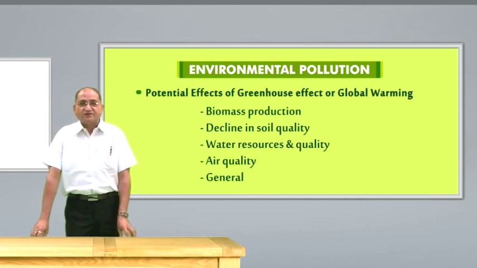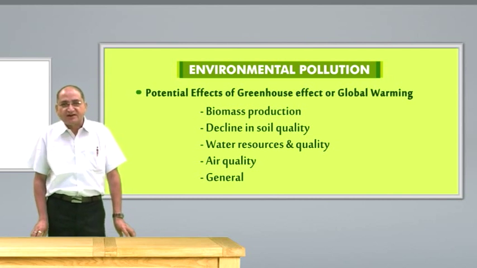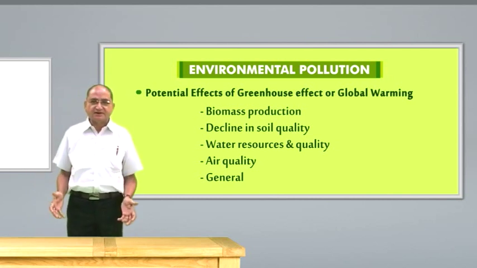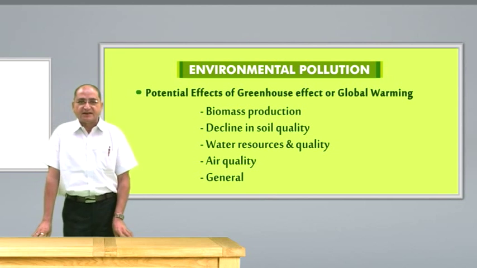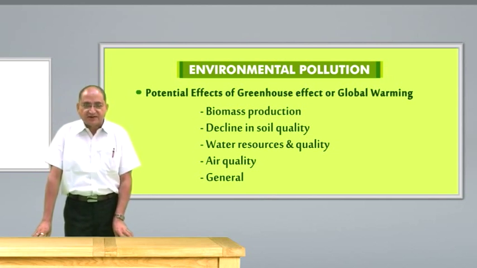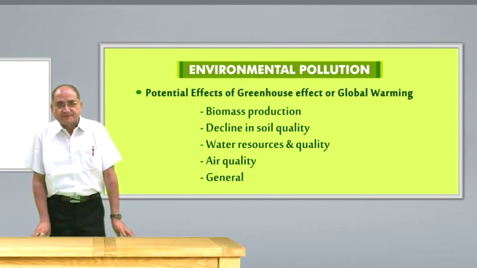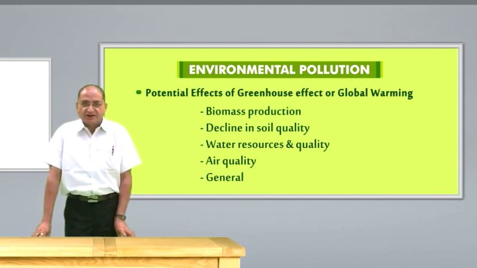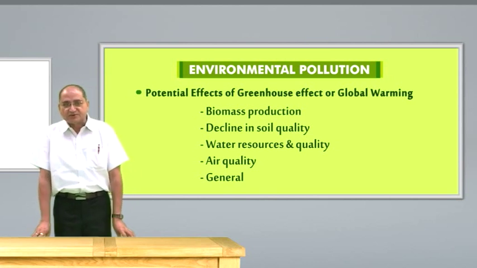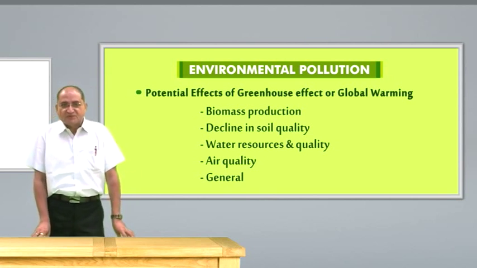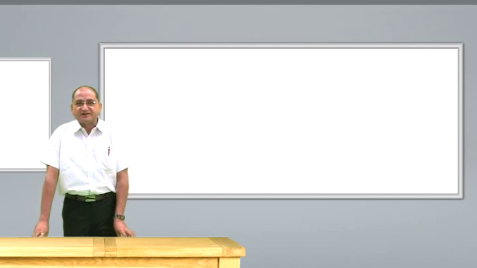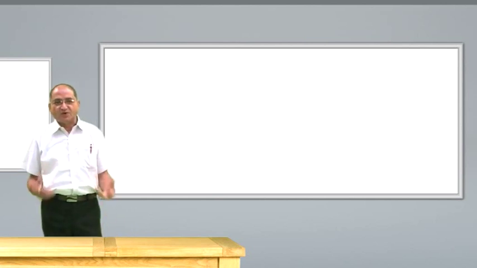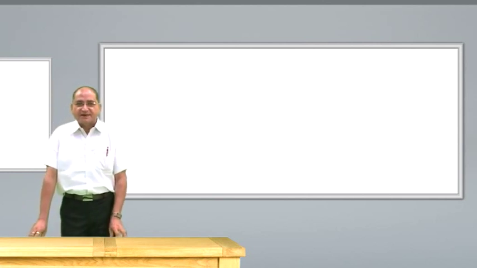Water resources and quality: a warmer climate will change rainfall and snowfall patterns, leading to increased droughts and floods, melting of glaciers and polar ice sheets, resulting in accelerated sea level rise affecting freshwater resources, coastal agriculture, fisheries and aquaculture, forests, natural ecological systems, human settlements, loss of land due to inundation and erosion, saltwater intrusion, increased sediment load, eutrophication, etc. In general, a warmer and wetter climate will favor the growth and spread of vector-borne diseases like malaria and dengue, affecting human health.